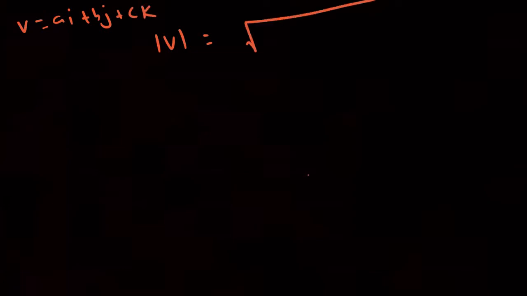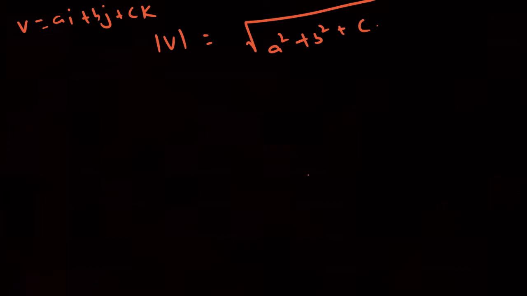Okay, so this is the magnitude. Similarly, in 3 dimensions, if the vector is given AI plus BJ plus CK, right? The magnitude would be similar: root of A square plus B square plus C square.